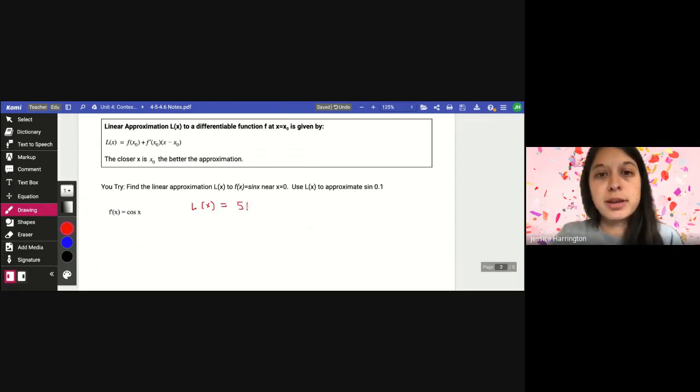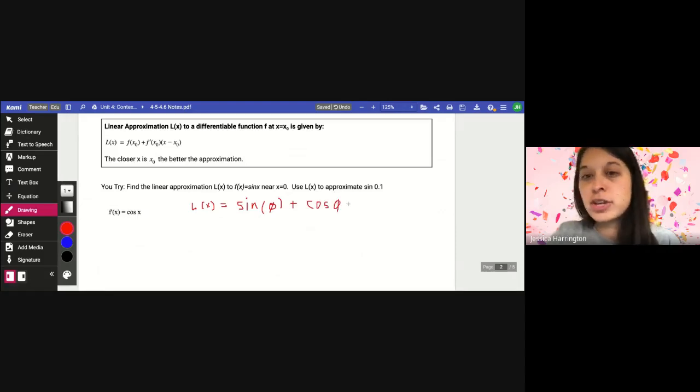So sine of, what are they telling us the point is? x sub naught is 0. Plus the derivative evaluated at 0, so cosine of 0. That's the slope, right? Times the change in x. So what is the change in x? The change in x is going to be x minus 0.